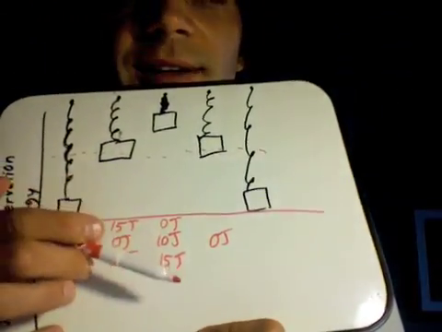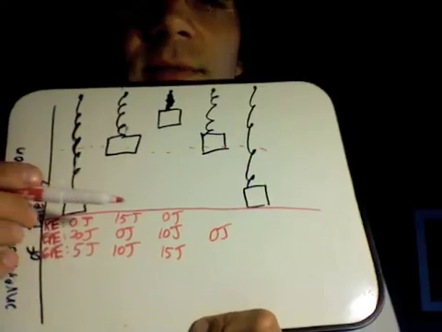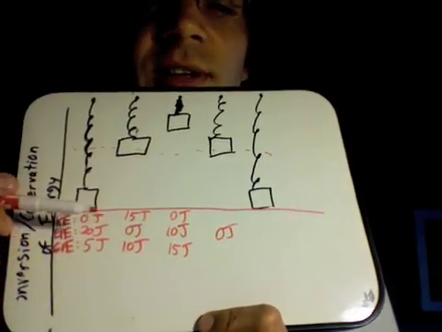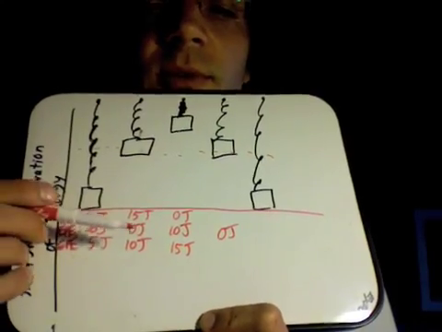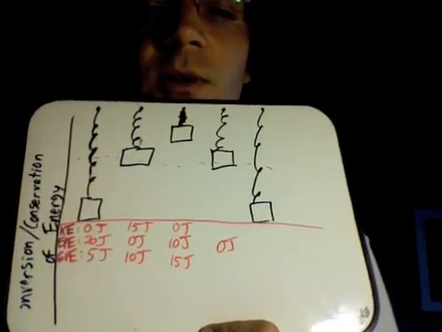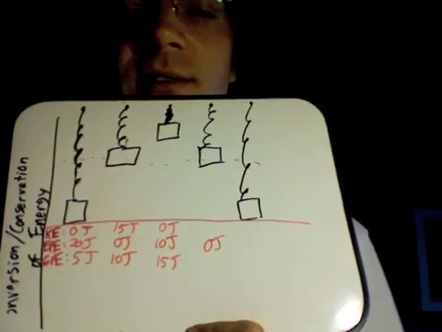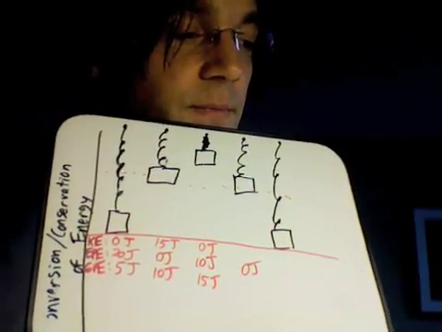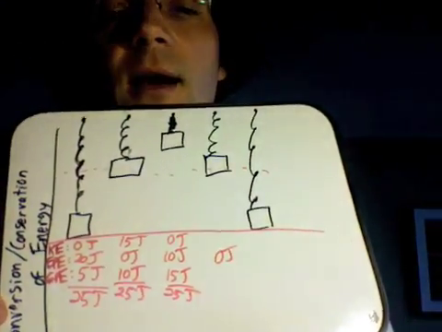We still add to 25. 25, 25, 25. So we're sloshing energy around from one place to another, but the total amount is staying constant. It is conserved. Okay, and that's what conservation of energy is all about. Conservation of energy is about the total amount of energy not increasing or decreasing. I'm going to stop there.